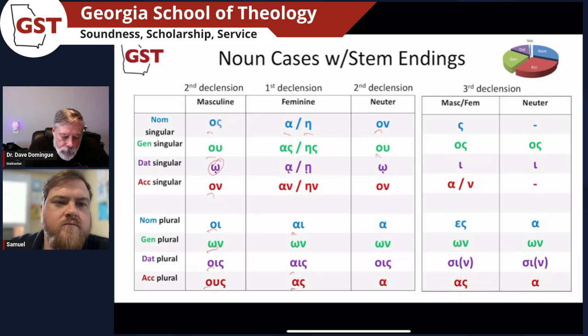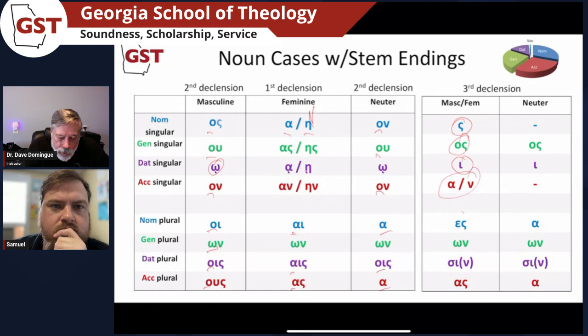There's our second declension, there's our first declension, obviously, up here. And our second declension here. And ultimately, in our third declension, our stem endings with case endings is still almost the same. Not a lot of change. And the reason is because it's coming up against a consonant.